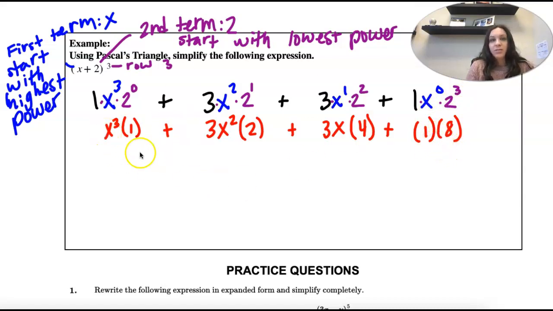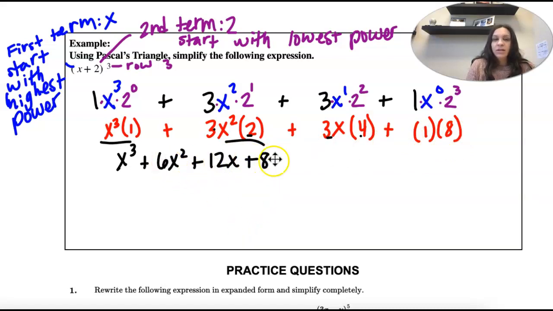Now I'm going to simplify one more time. x cubed plus 6x squared, 3 times 2, plus 3 times 4 is 12x, plus 8 times 1 is 8. This is our answer. This is what would happen if we took x plus 2 to the third power.